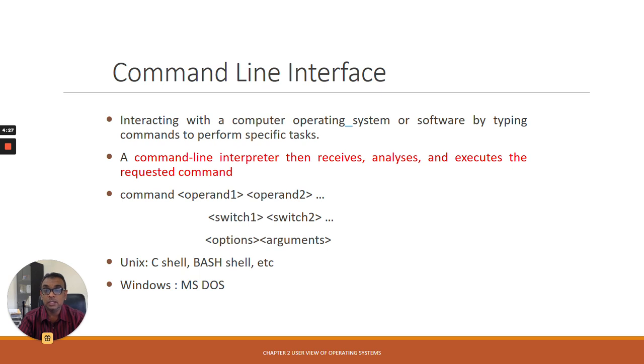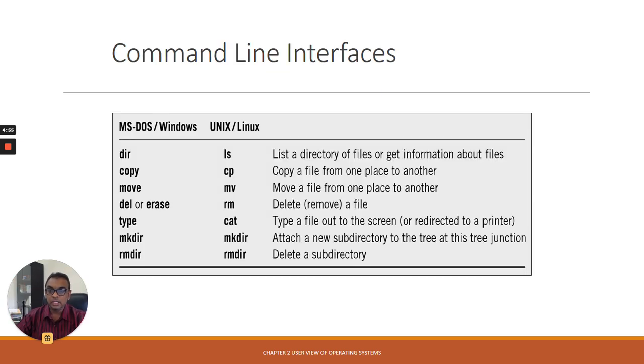An example of an operating system which uses this type of interface is MS-DOS, or sometimes there is also UNIX, and these are all the commands available, and this is the syntax available for a user to use in order to create those instructions. An example is, in Microsoft MS-DOS, we use the command called dir to list a directory of files or to see what files are available, or in Unix we use the command called ls.